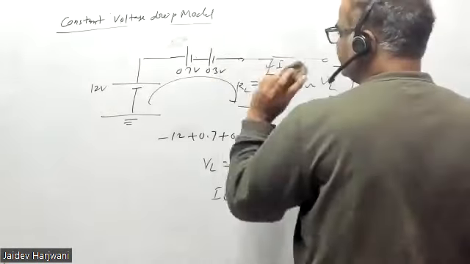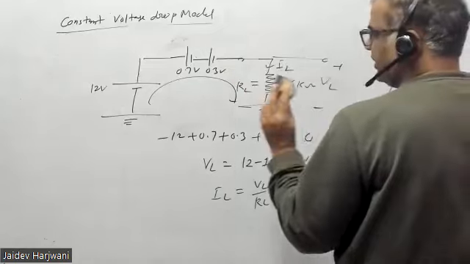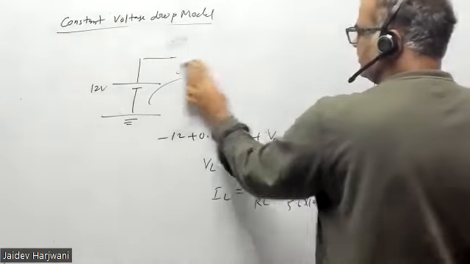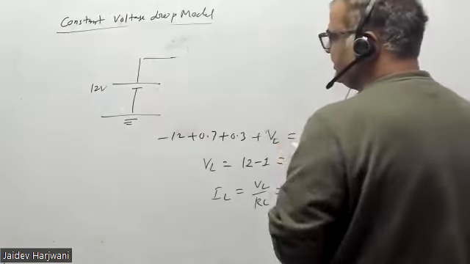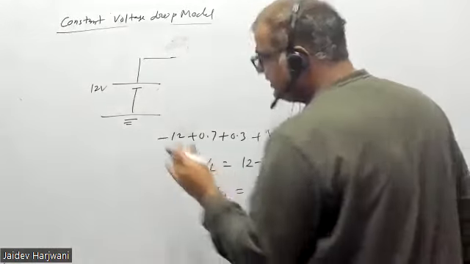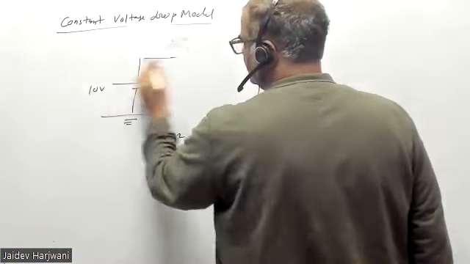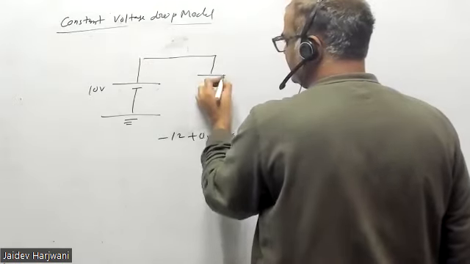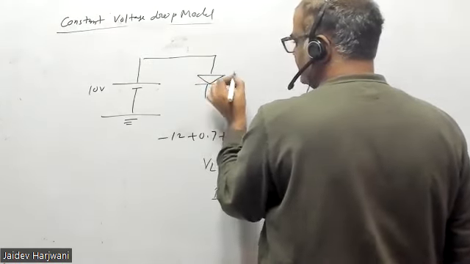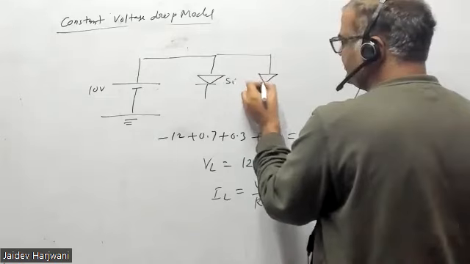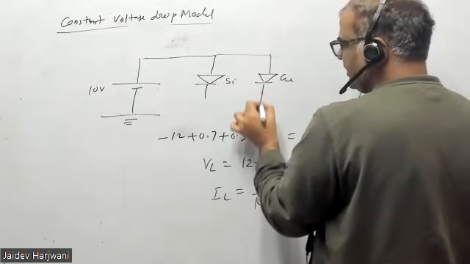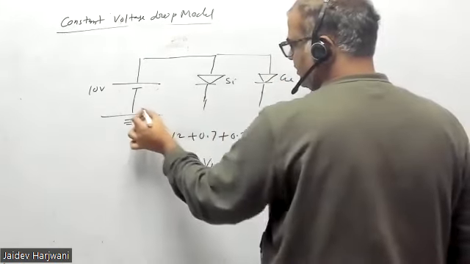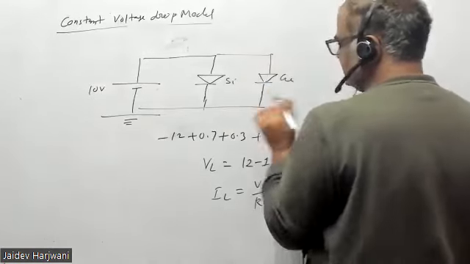Now the same circuit, I'm erasing this one. This time I am applying 10 volt. This is my silicon diode, and this is my germanium diode. Okay, all are connected like this.